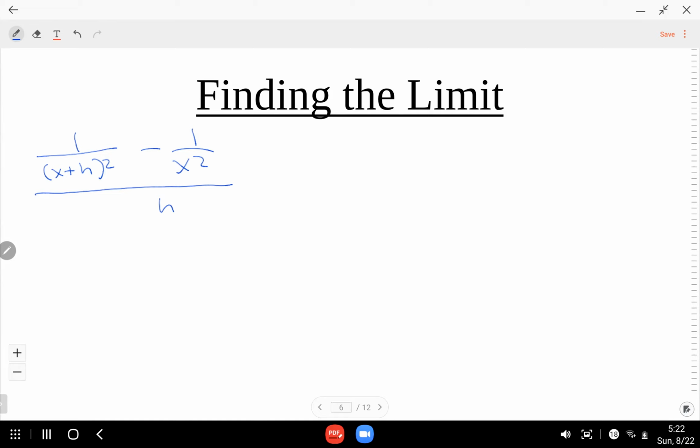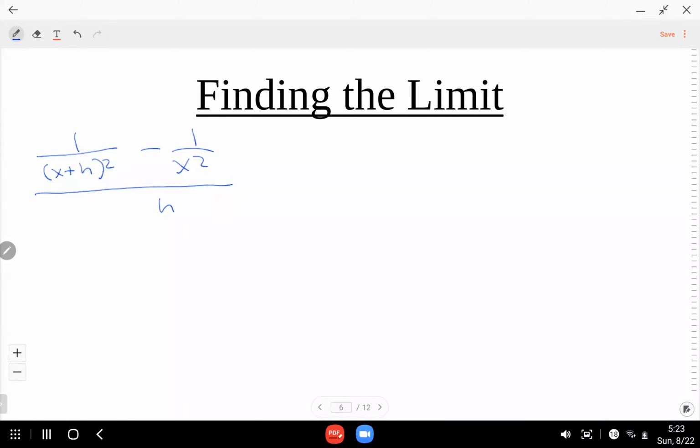Let's say you want to find the limit as h goes to 0. To find the limit of that, we need to rationalize the numerator, and you'll understand later once I show this example. To rationalize the denominator is for better division. To rationalize the numerator is to find the limit.